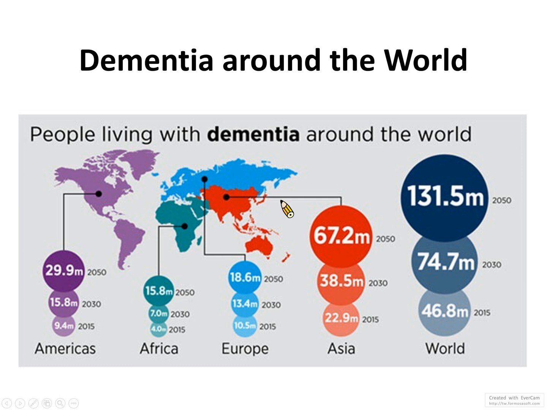In America, in 2015, an estimated 9.4 million people had dementia, and by 2030 and 2050, the number will increase to 15.8 million and nearly 30 million, respectively.